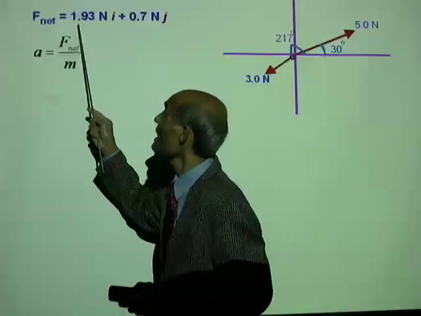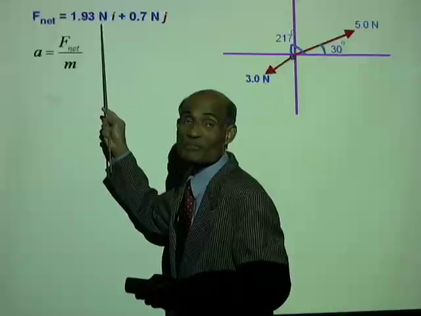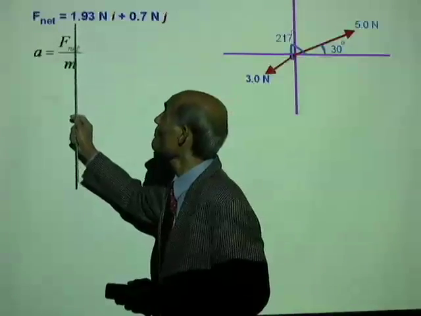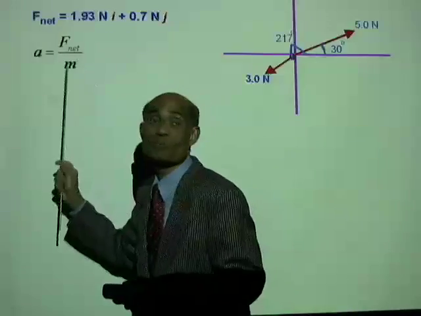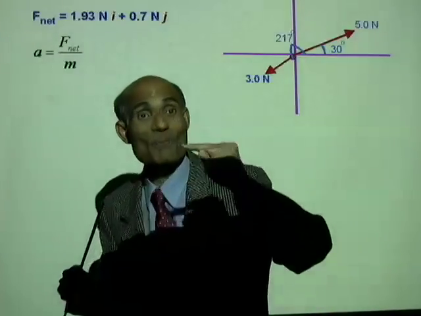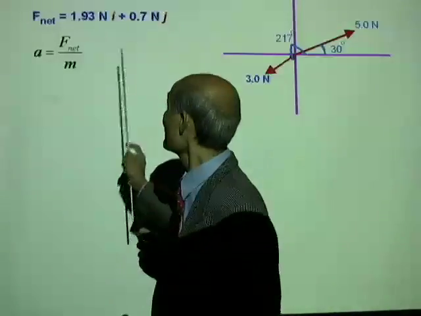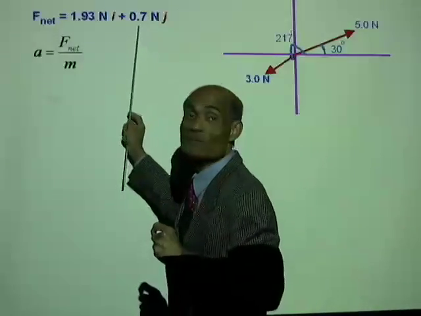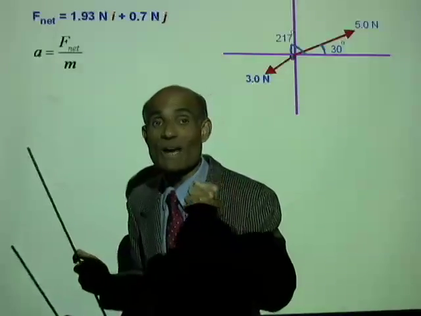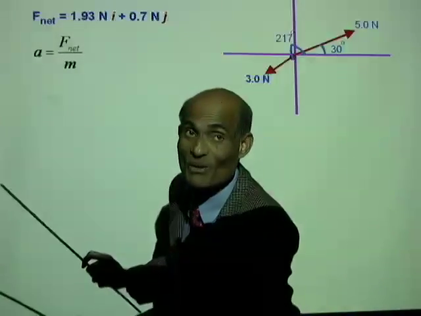Now notice here, F net has an x component and a y component. If you divide the x component by m, you get the x component of the acceleration. You divide the y component by m, you obtain the y component of the acceleration.